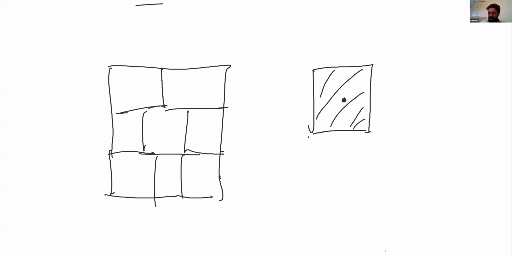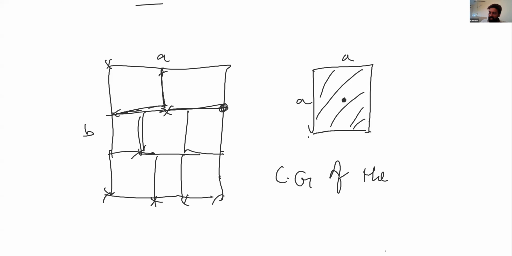If we have A and A, but here this is A and this is B, and again internally you will be having these beams and columns somewhere here. So what happens is that the CG of the building is disturbed.